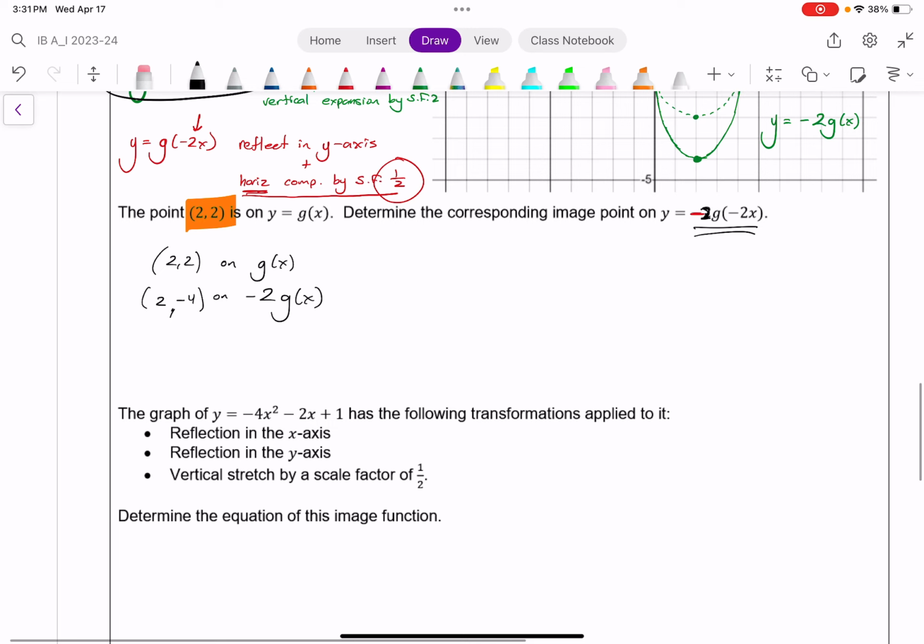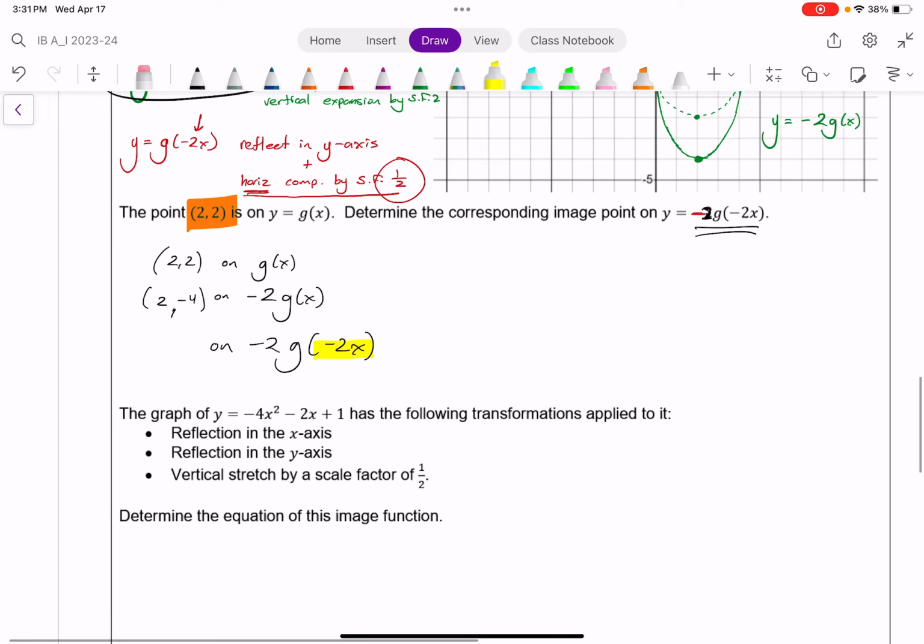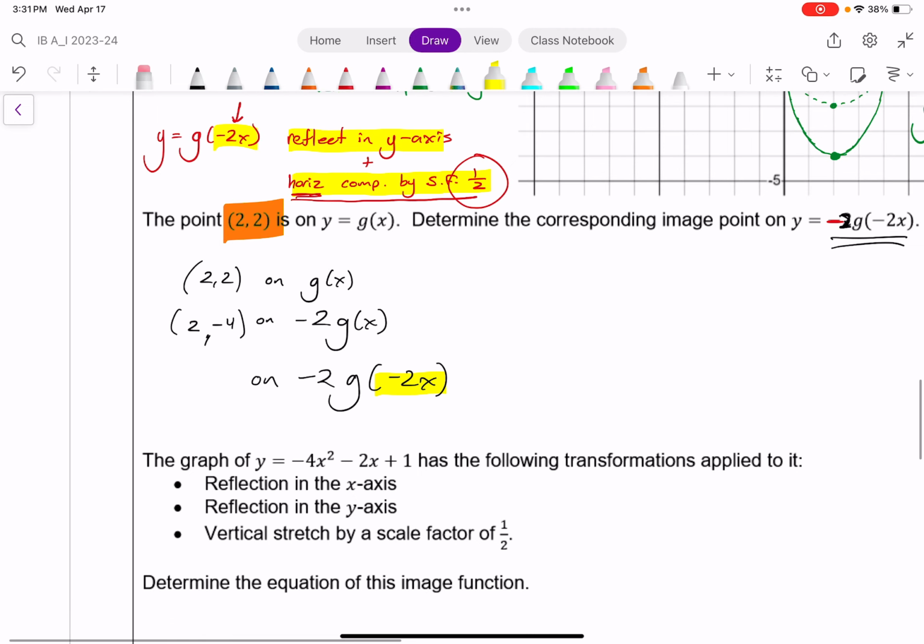And then if I take that and look at the whole thing, negative 2g of negative 2x, just this part here is what we did here. It's a reflection in the y-axis and compressed horizontally by a scale factor of a half. And so now I'm looking back at this point right here. From that (2, negative 4), I want to reflect it horizontally.